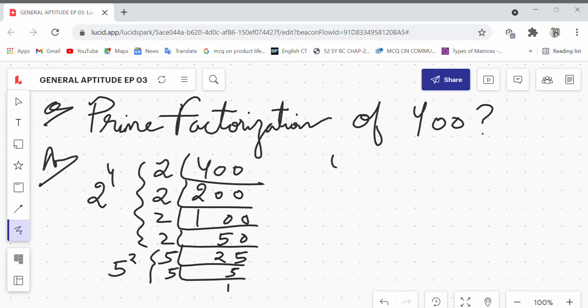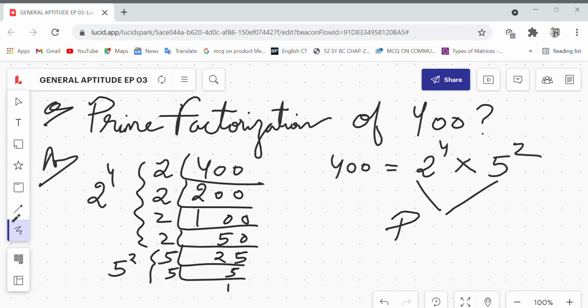So 400 equal to 2 to the power 4 into 5 to the power 2. So the prime factors of 400 are 2 and 5. 2 and 5 are the prime factors of 400. Understood?